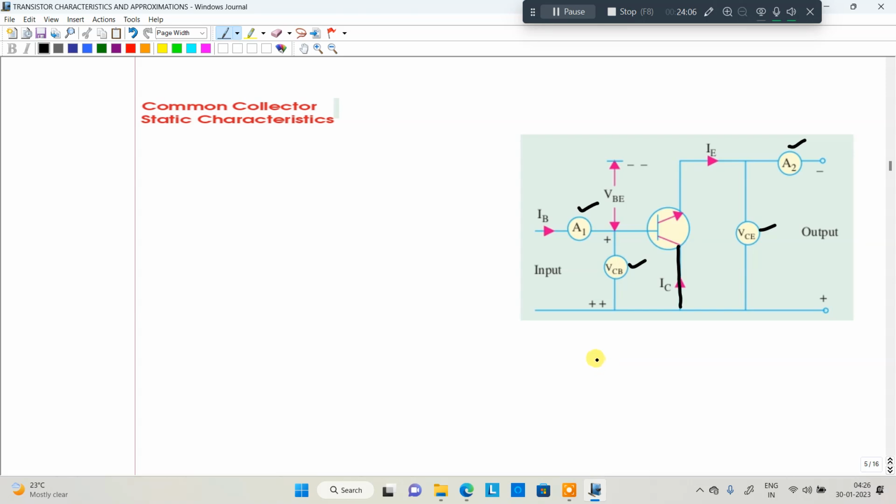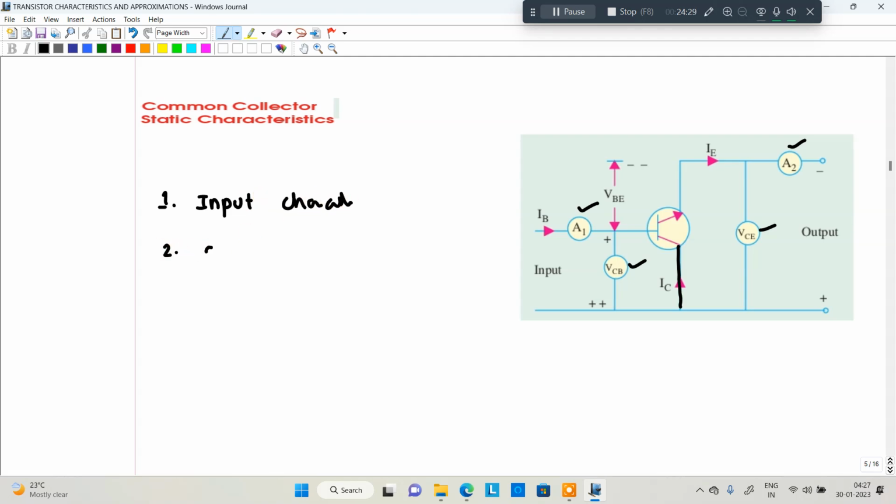In this particular case also we are going to draw three characteristics. The first is the input characteristics, then the output characteristics, as well as the transfer characteristics.